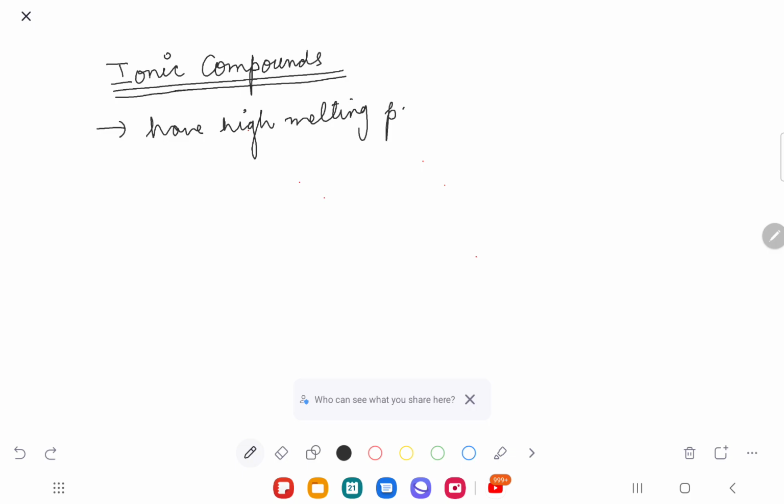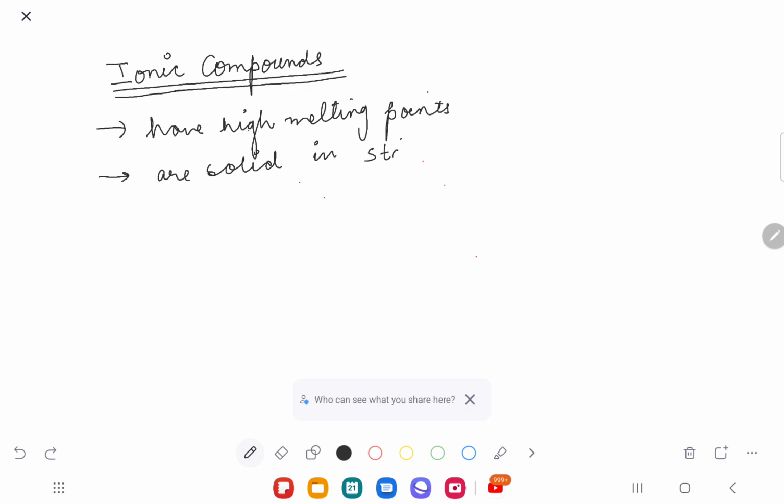So we have ionic compounds, right? Up till the previous class, I think we did the properties of ionic compounds. Have we discussed that ionic compounds have high melting points? Ionic compounds are solid in state, right?